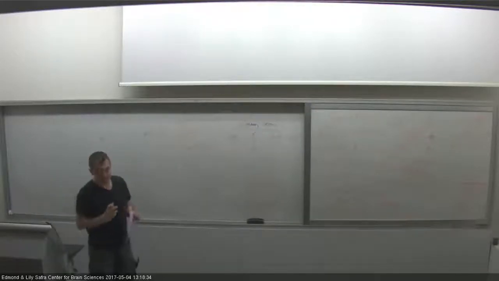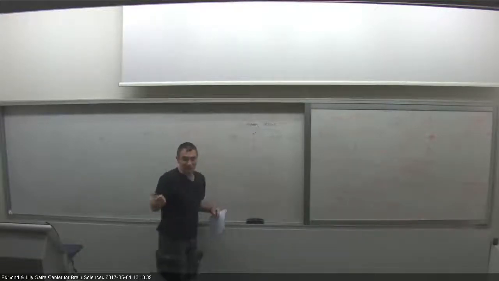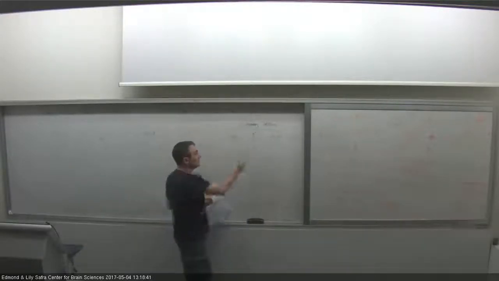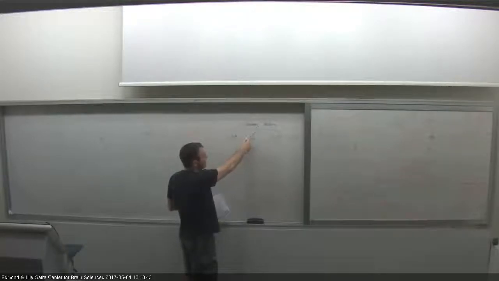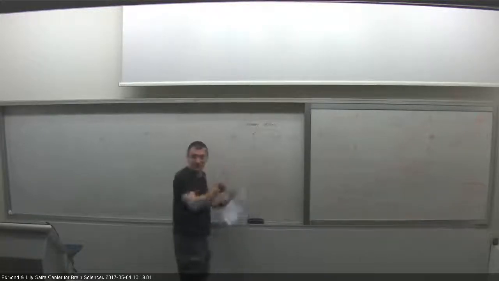So the idea is the following. I'm generating memory patterns in this way. I start with memory pattern 1. I toss an unbiased coin to determine whether the activity of the first neuron in the first memory pattern should be plus or minus 1. Then I do it for the second one, then the third one, and I finish memory pattern 1. Then I go to the second one, and so on. That's how I generate these memory patterns.